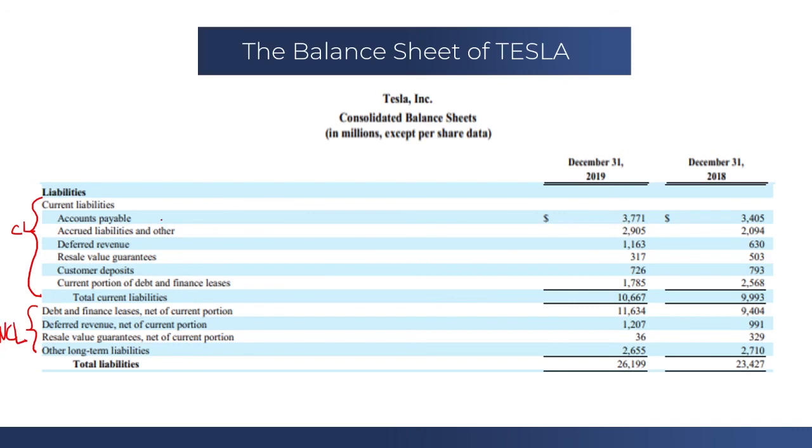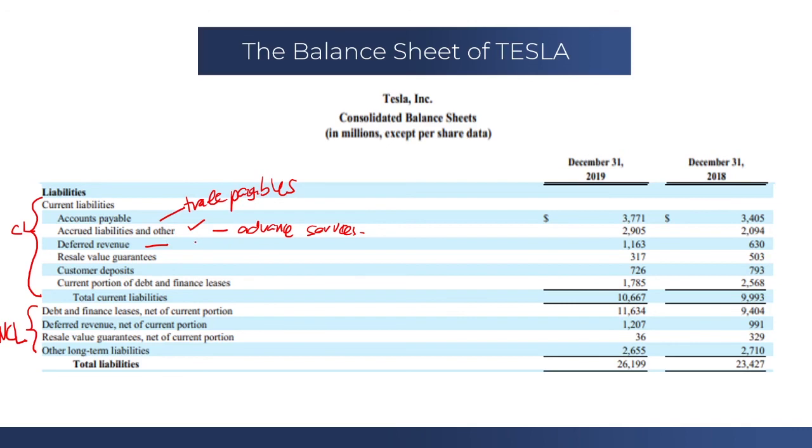In their liabilities, they have the accounts payable or the trade payables, the accrued liabilities, or this can be qualified as advanced services. Deferred revenue is something that we have not discussed yet, but I can add this now.